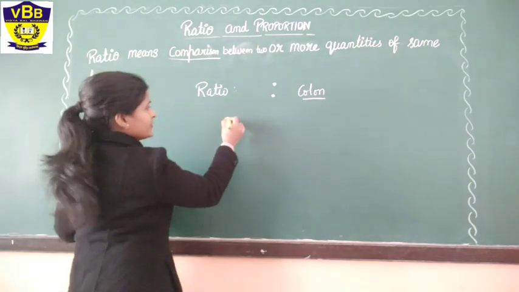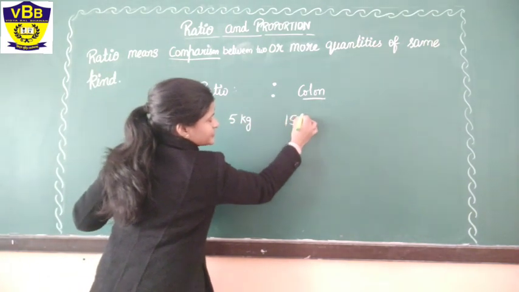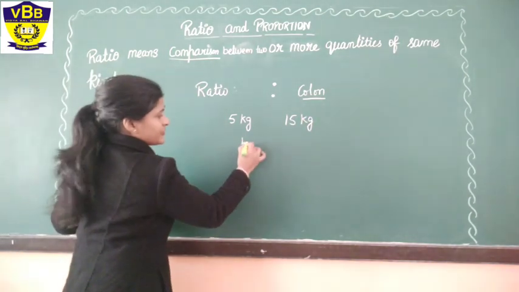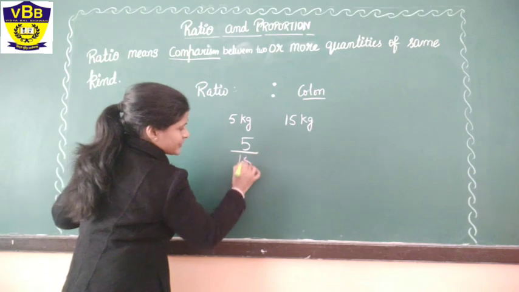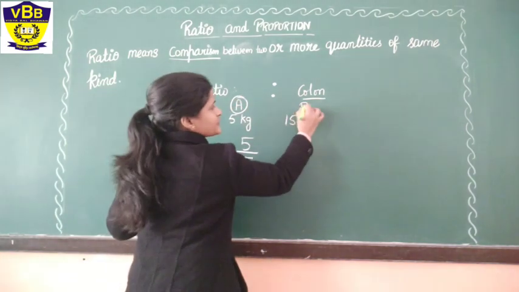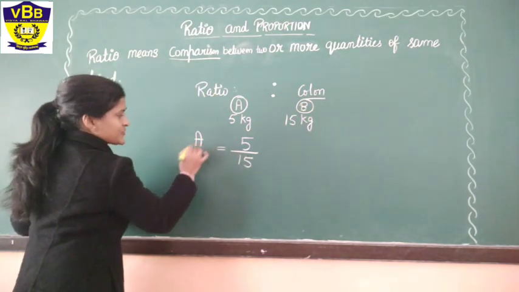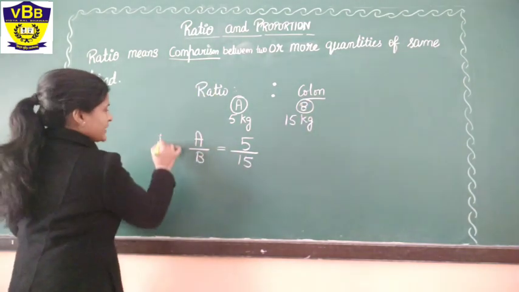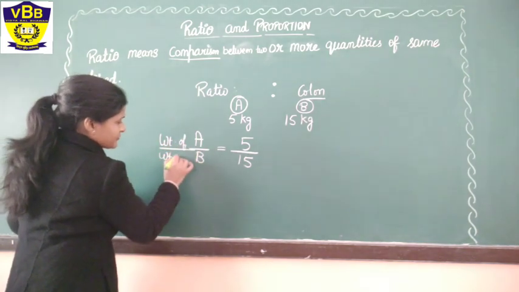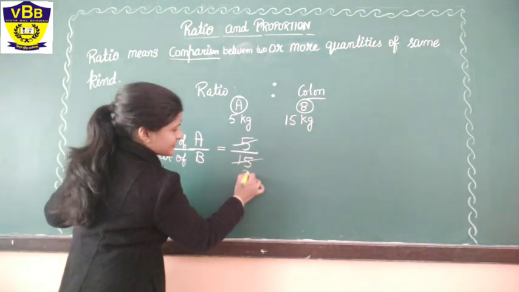If I am saying 5 kg compared with 15 kg, so 5 upon 15, where that is the weight of A and this is the weight of B. Compare between A and B: weight of A upon weight of B. 5 ones are 5, 5 threes are 15.